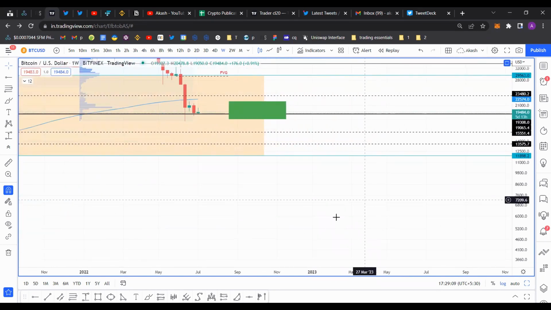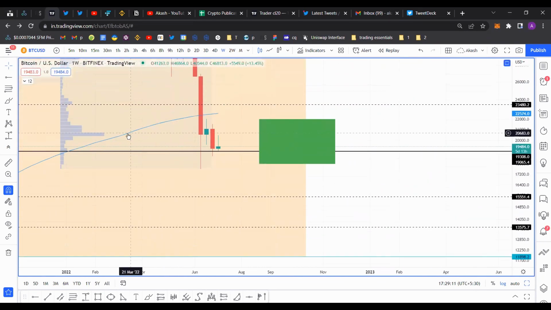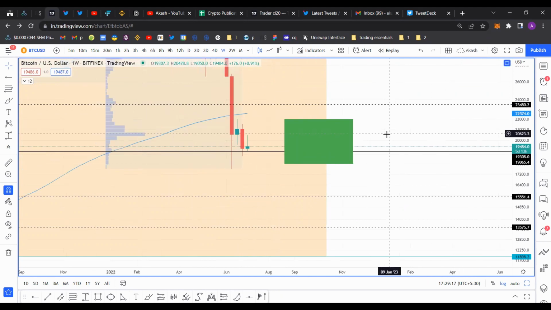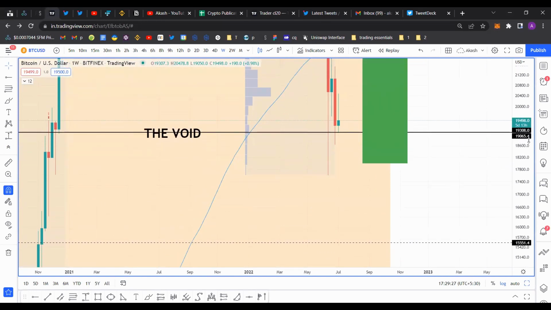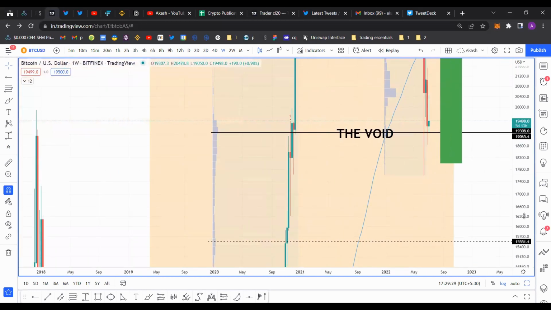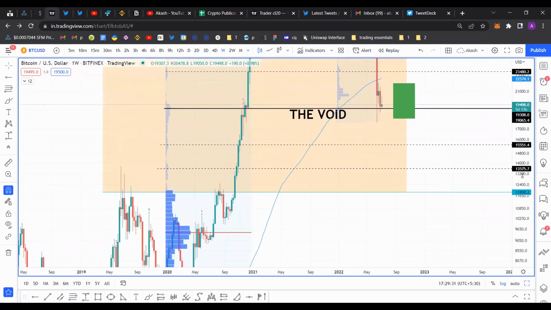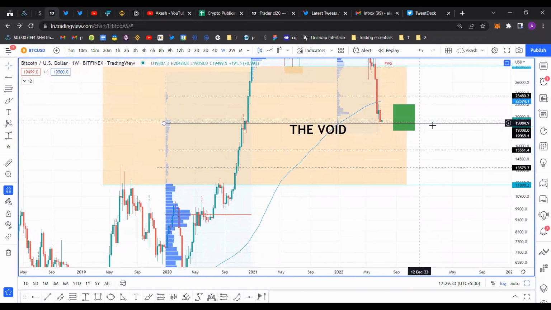So what we have to the upside is this 200-week moving average at 22.5K, and then we have another resistance level here at 23.4K. So basically, what I'm saying is the upside is capped at 23.4K. But the most important level that you have to keep in mind is this 19,065 level here, because once we get a breakdown of this level, all hell breaks loose for Bitcoin and the price could come crashing down to 15.5K, perhaps even 13.5K, right?